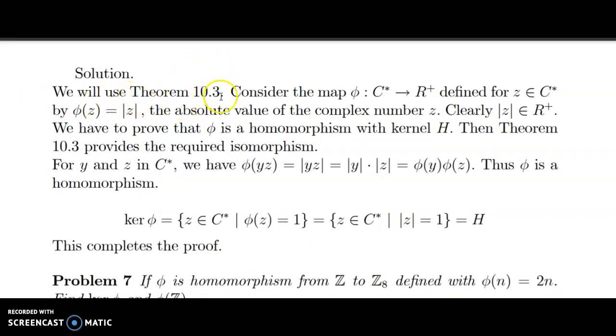We use the first isomorphism theorem, theorem 10.3. We consider this map from C star to R plus that is defined with phi of z equals the absolute value of z. Clearly, the absolute value of z is a positive real number because C star consists of non-zero complex numbers.